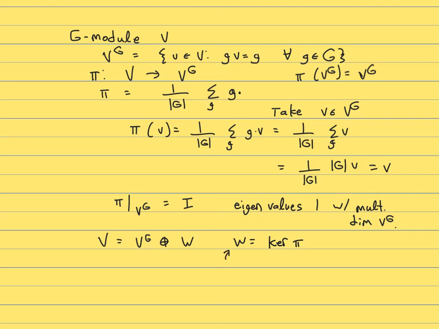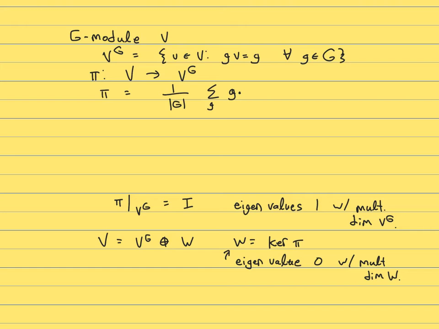So this would be eigenvalue 0 with multiplicity the dimension of W. So with these two facts, we discover that the dimension of V^G is nothing more than the trace of pi, because the trace of a linear operator is the sum of its eigenvalues. And you're just adding up one, dimension of V^G times, plus a bunch of zeros, which don't contribute anything.